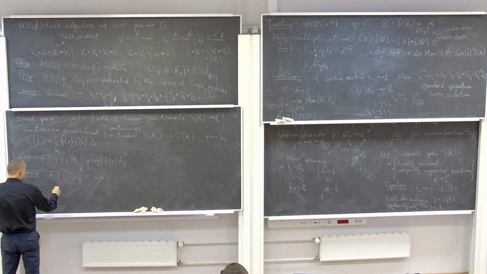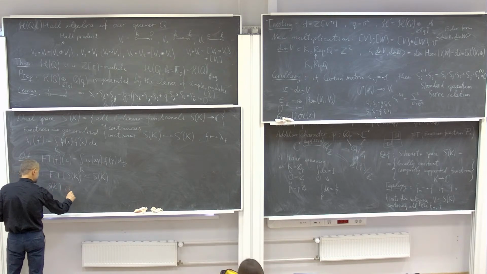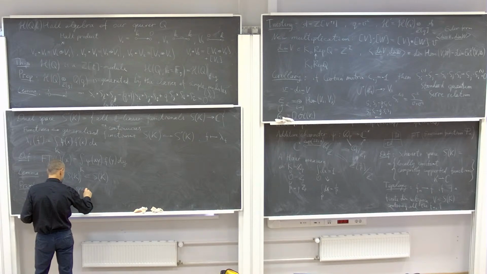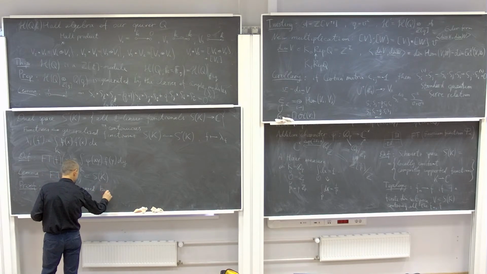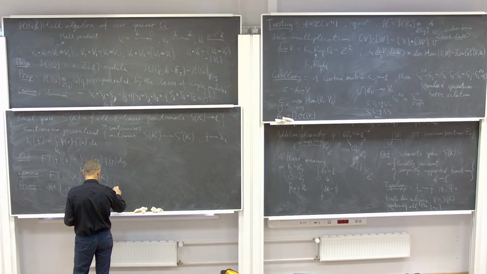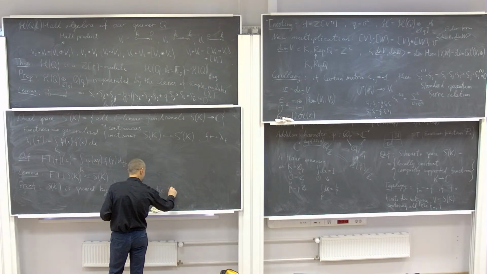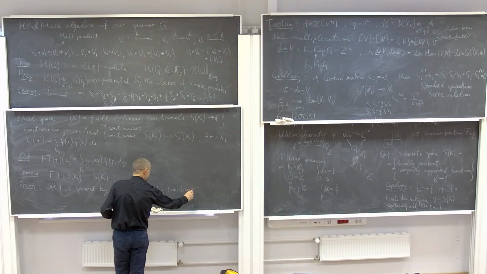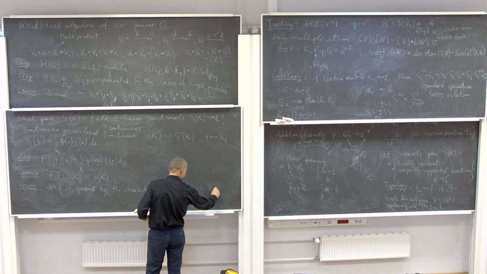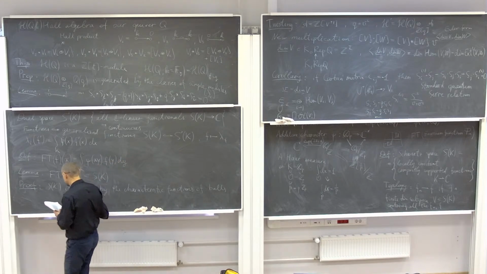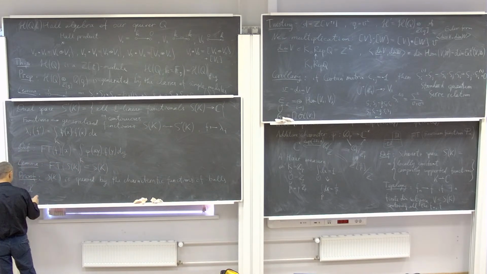Namely, the Schwarz space is spanned by just the characteristic functions of some balls, say chi, the characteristic function of the ball a plus p to some power n.